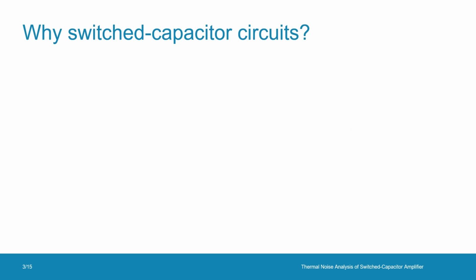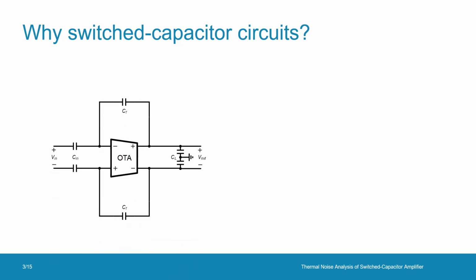Then people say, if the resistor has impedance and noise issues, why not use capacitors like this? Again, Vout is an amplified version of Vin. Now, this seems very exciting, right? Because a capacitor is noiseless and high impedance, at least at low frequencies.